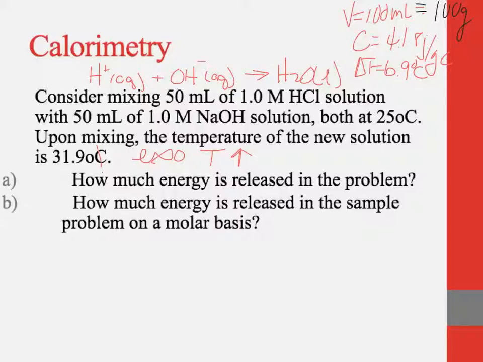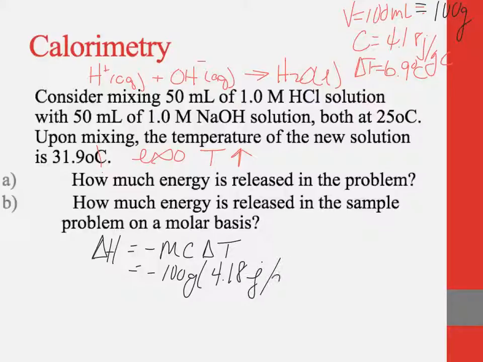Okay, so I think we can get started here. So we know that delta H equals MC delta T. However, because this is exothermic, I'm going to make this negative, just so we don't forget, because exothermic reactions have a negative delta H. So our mass is 100 grams, our C is 4.18, and our change in temperature is 6.9.